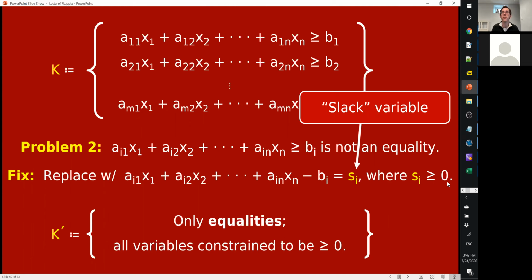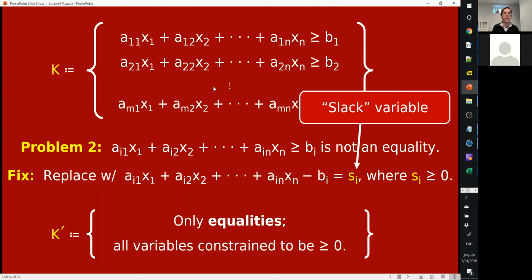So indeed, si is constrained to be non-negative. You have one of these for each original inequality. This new equation, together with the constraint that the slack variable is non-negative, is equivalent to the original inequality that said a dot x is at least b. It's the same as saying a dot x minus b is non-negative.